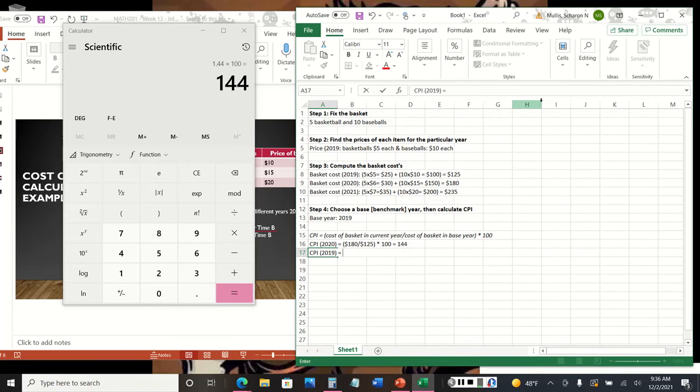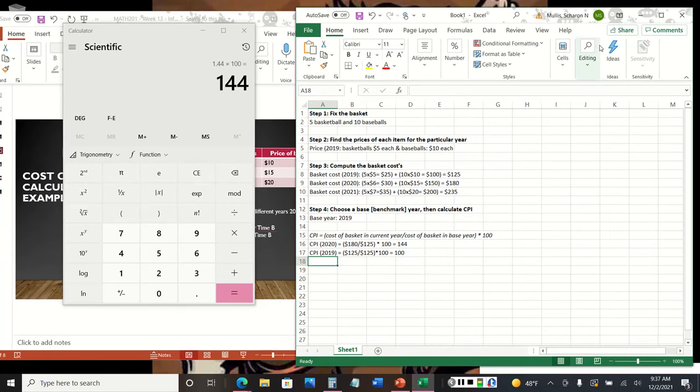That's just simply 125 over 125. And let me put the dollar sign so we don't get confused. Dollar sign divided by $125 times 100. And that's going to equal 100.